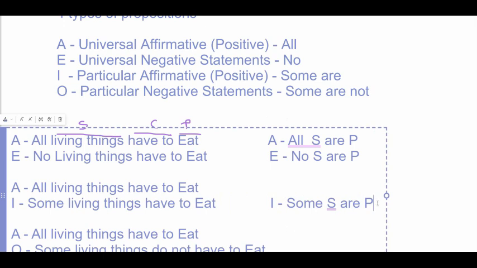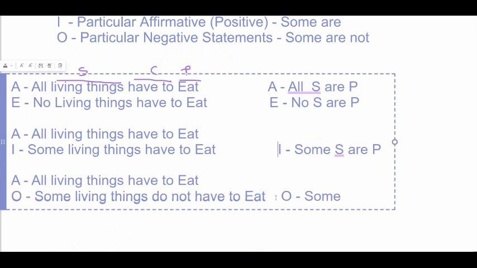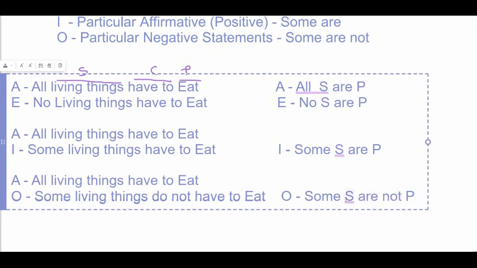So some S are P, or some S have to P, like that. Alright, next is O type. O type is some S are not P. So this is known as its basic standard logical form.